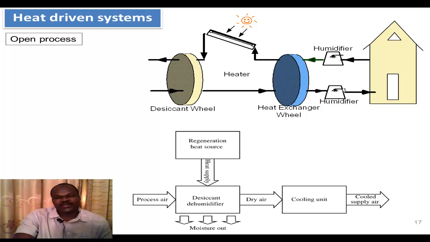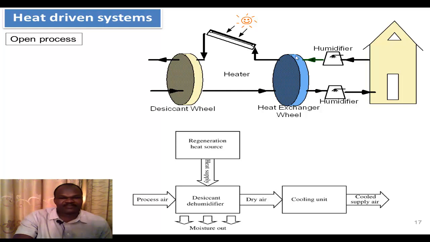So when you do that, you have relatively cold air, but with some moisture in it. It doesn't matter. You send it to the room. People use it, and then you return it, you reject it. You can add more water to it, and then it can pick up some of the heat through the heat exchanger.